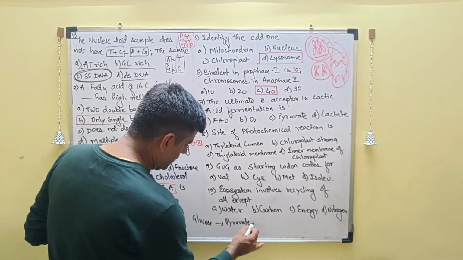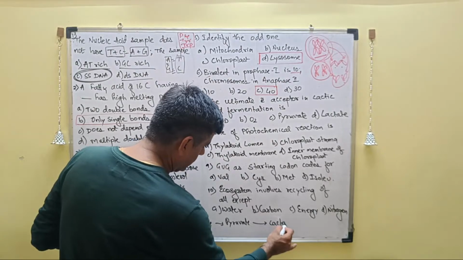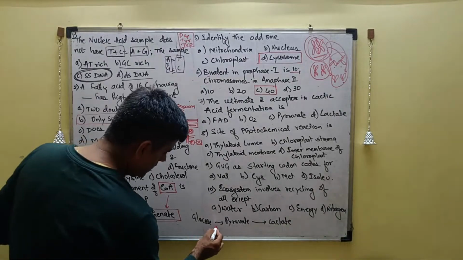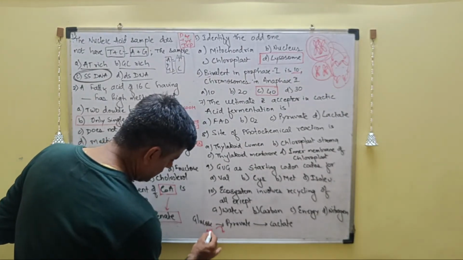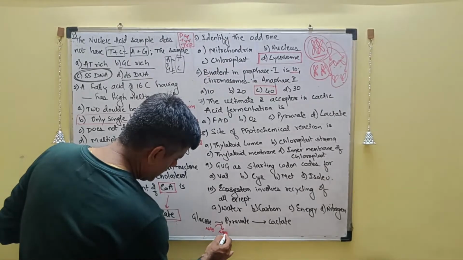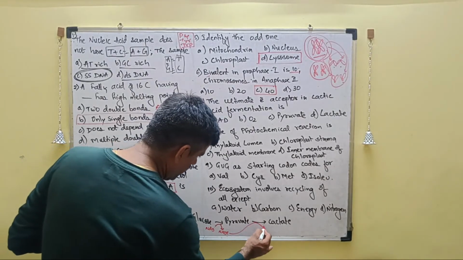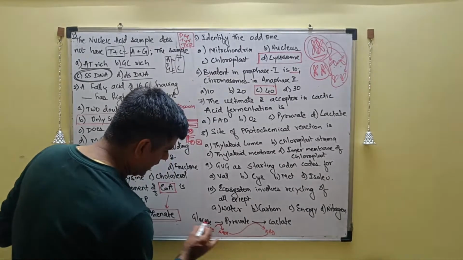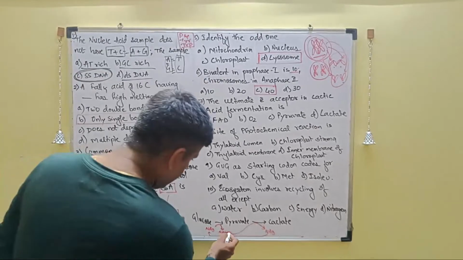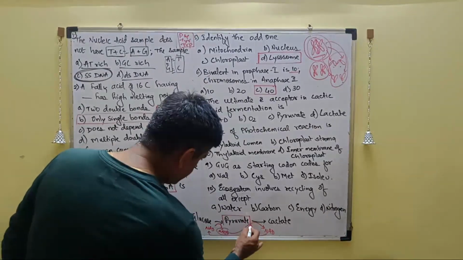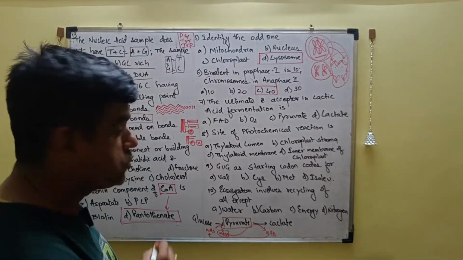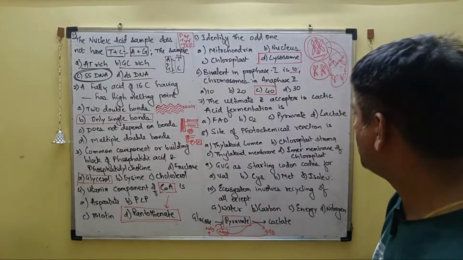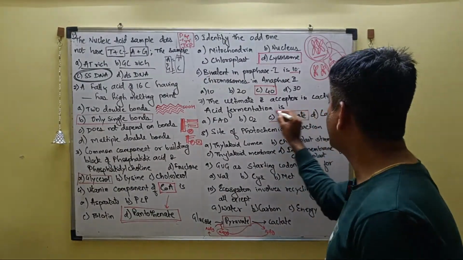And this pyruvate gets converted to lactate. तो यहां पे जो आपका NAD gets converted to your NADH, that is being accepted by pyruvate, and NADH is getting converted back to NAD, which can be reused in glycolysis. तो मतलब ये जो NADH के इलेक्ट्रॉन आ रहे हैं यहां पे, ये कौन एक्सेप्ट कर रहा है? ये pyruvate. So ultimate electron acceptor in lactic acid fermentation, where lactate is being formed, is your pyruvate.